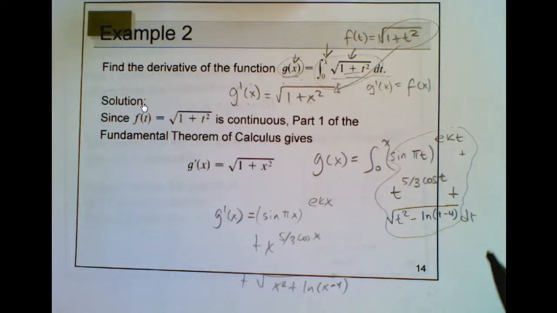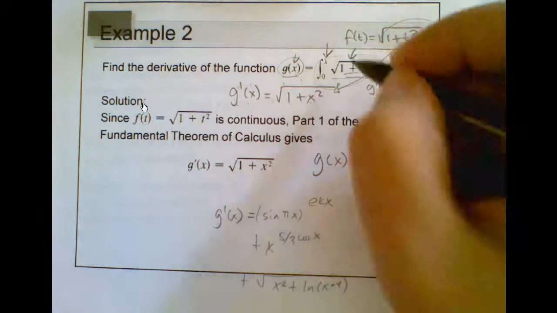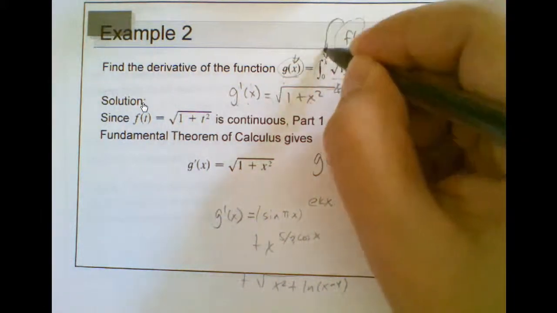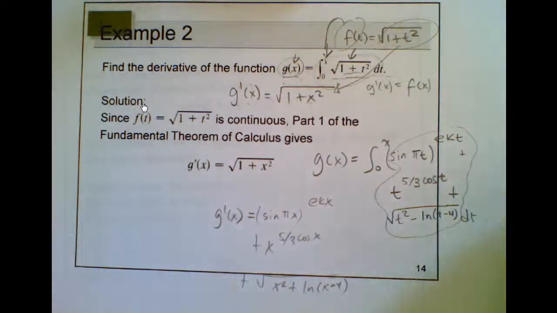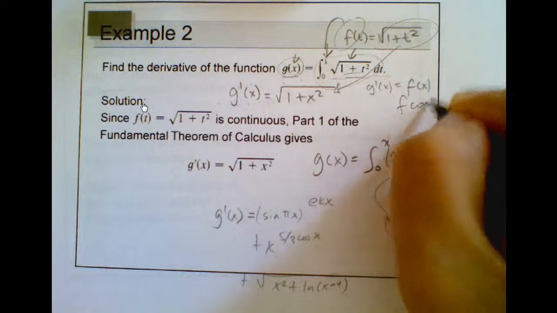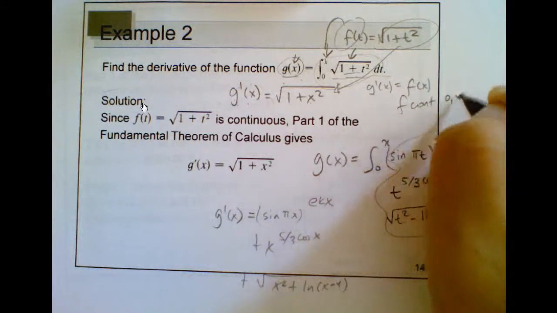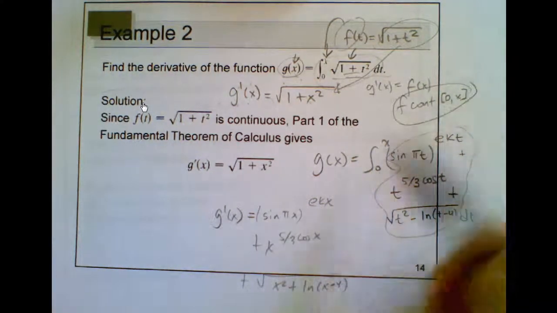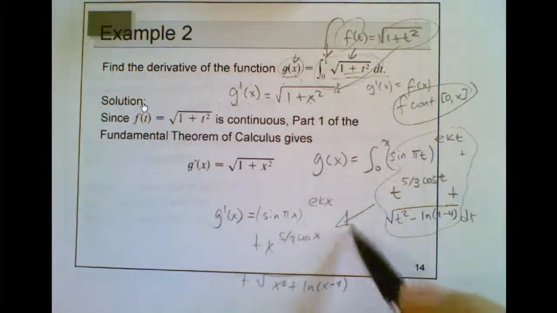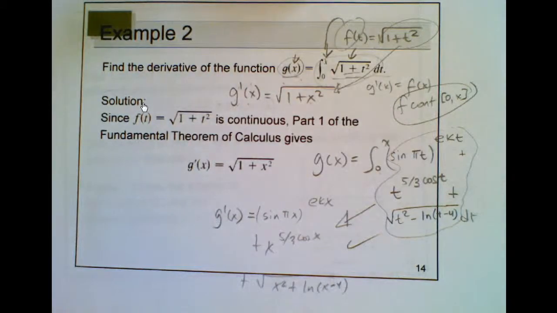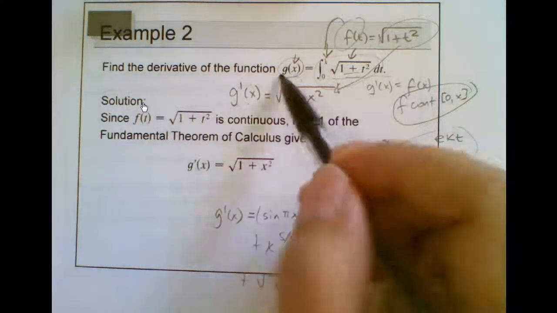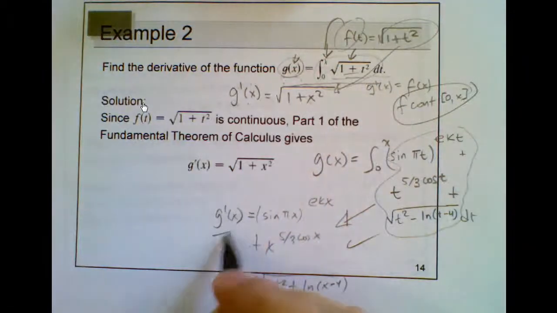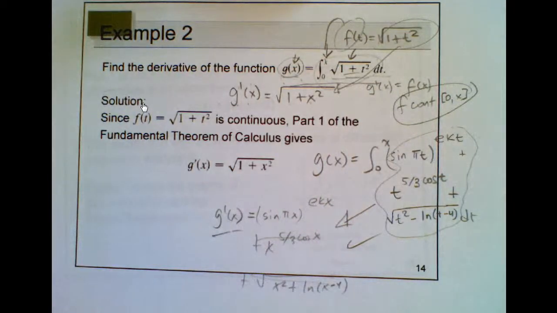It works as long as you know that f is continuous on the closed interval between 0 and x. As long as this is true, this is always going to be the correct answer for the derivative of g. So g looks complicated, but its derivative is very simple.